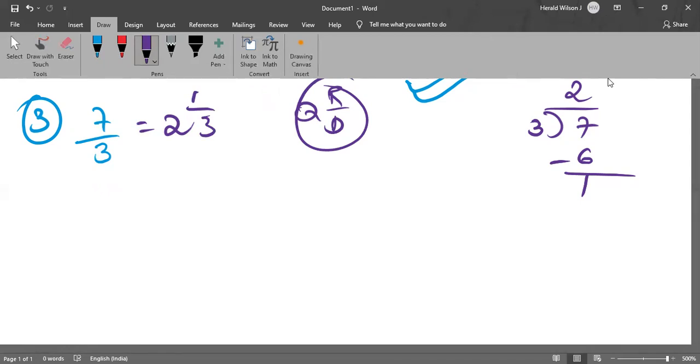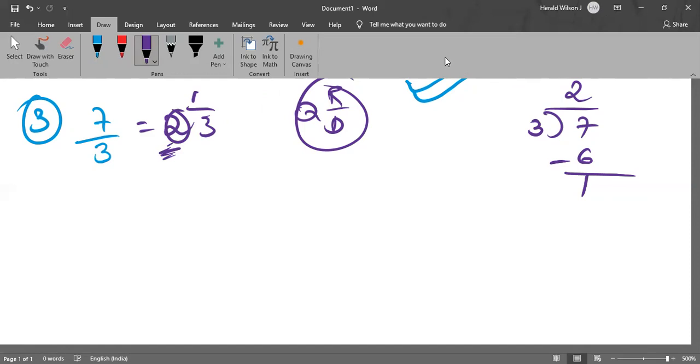See, as I told you, always improper fractions must be converted to mixed fractions. So now we have a number 2 here, and next to that we have 1 by 3. So this shows that 1 by 3 will come after 2. Are you understanding? After this number 2, this 1 by 3 will be coming.